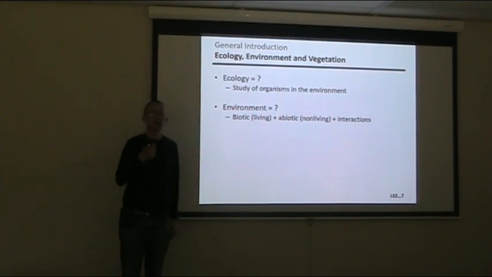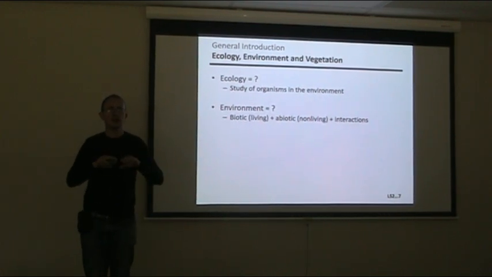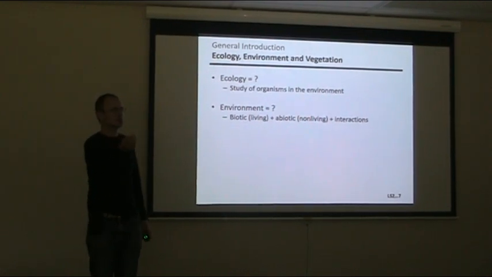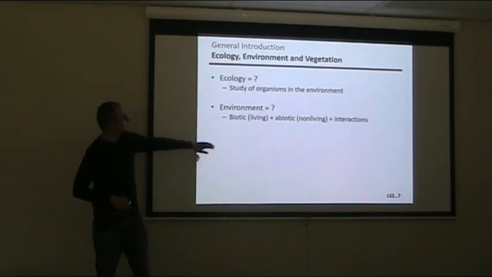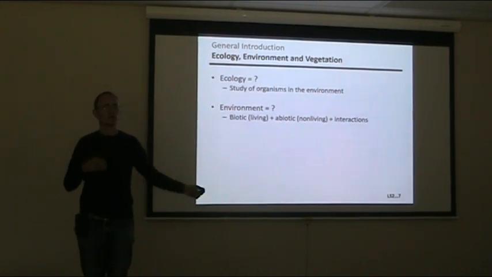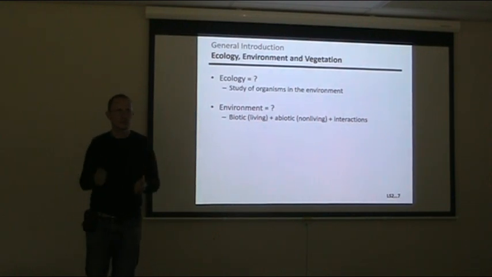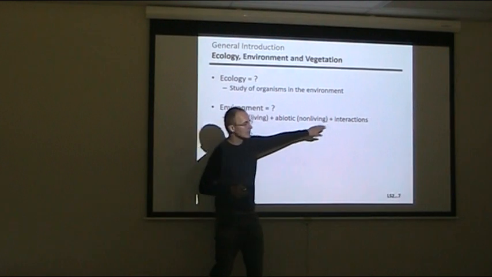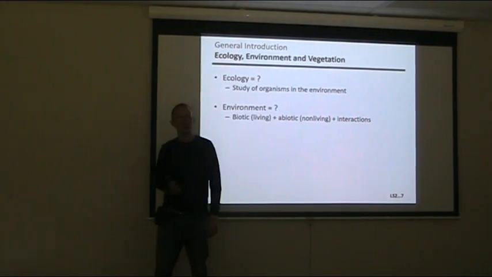Please be aware, when we use the term in ecology, the environment is everything that an individual would experience. So it's that abiotic, but it's also the biotic, the living component. So if you're a blade of grass, part of the environment would be the elephant. And then obviously the interactions with the biotic environment and the abiotic environment.